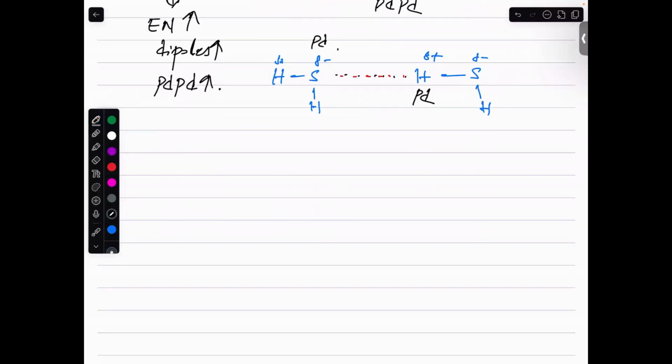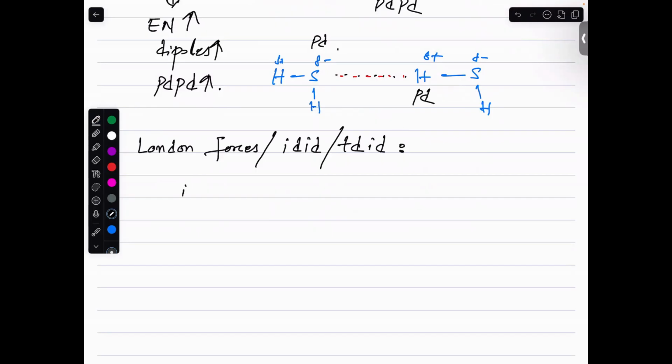Now the next thing is ID, London forces. The scientist was Fritz London, therefore they're called London forces. They're called ID-ID, or TD-ID. What are this ID and TD?